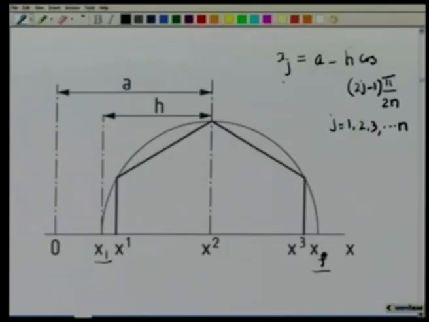So, if I put x1, I will put j equal to 1 there, and n is already known to us depending on whether we are going for 3 accuracy points or 4 accuracy points. Accordingly, n will be 3 or 4.